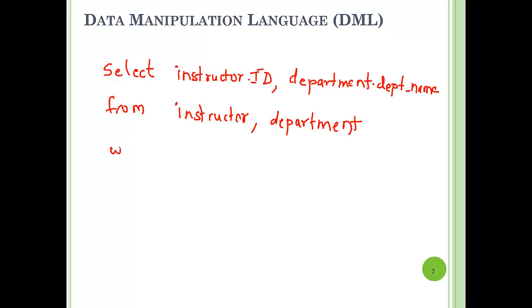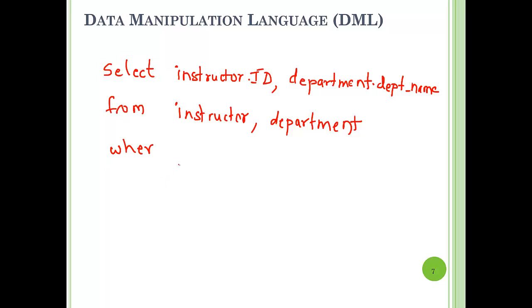Now what is my clause? I have to find the department name belonging to both the tables, instructor and department, and budget, which is present in the department table, should be greater than $95,000.